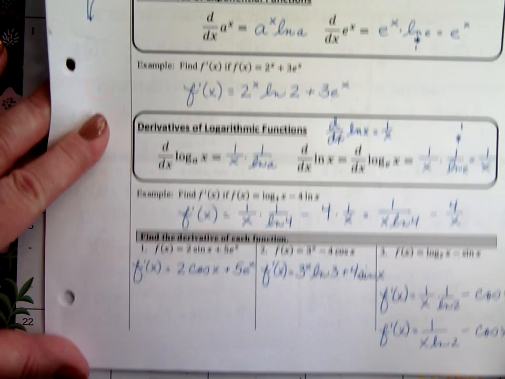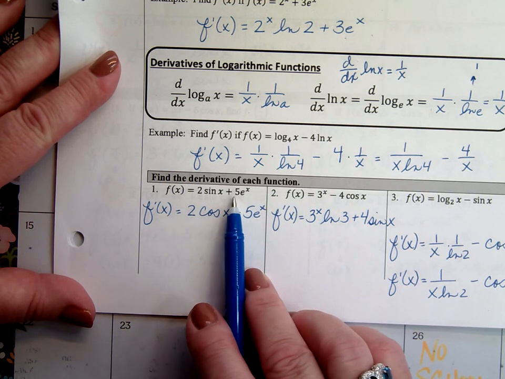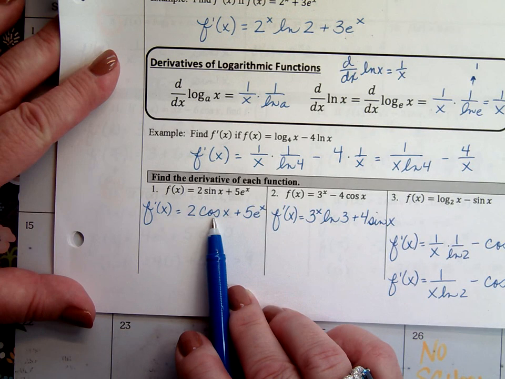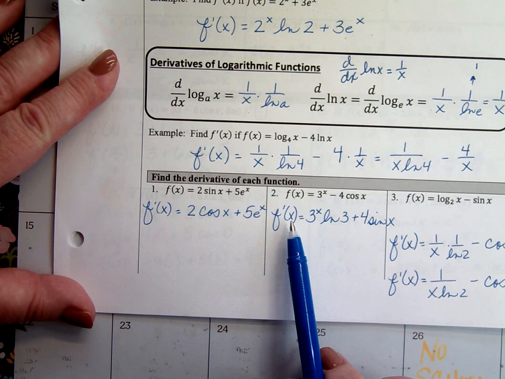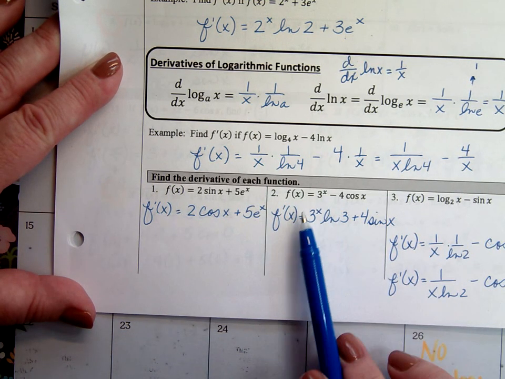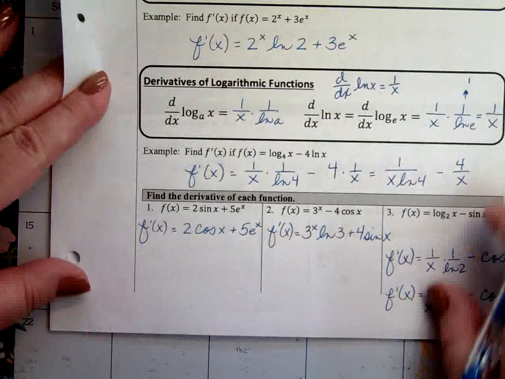All right, some quick examples. Applying the rules. If the function is 2 sine of x plus 5 e to the x, your derivative is 2 cosine of x plus 5 e to the x. Number 2 applies this rule right here. So you've got 3 to the x. Actually, no, it doesn't. It's the one up above that. Oh, can you see it all?